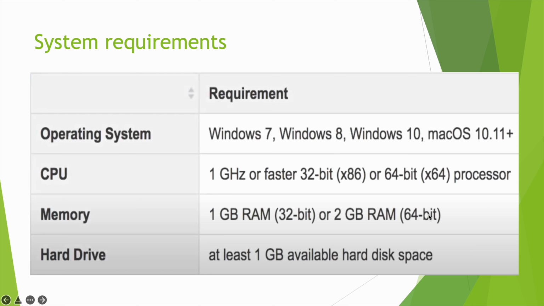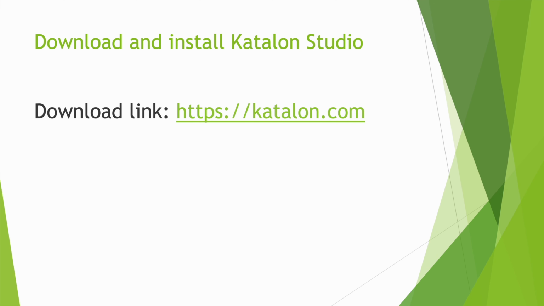So make sure that your system fulfills this requirement, that is 1 gigahertz and 1 GB RAM for 32-bit and 2 GB RAM for 64-bit, and you should have at least 1 GB of available hard disk space in your system. Okay, so let's have a glimpse at the second point, that is download and install Katalon Studio.